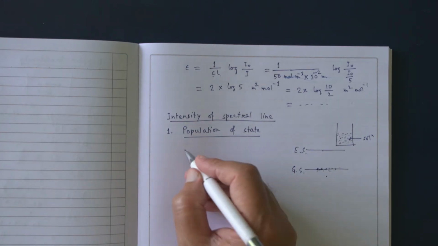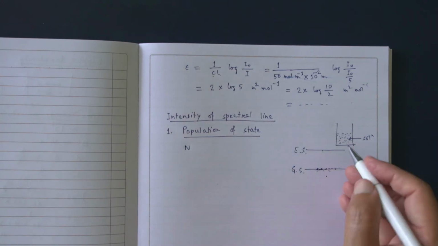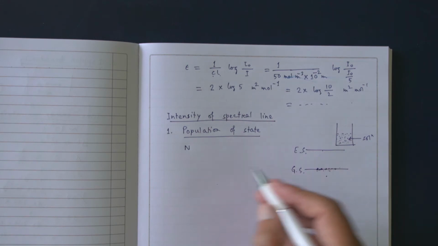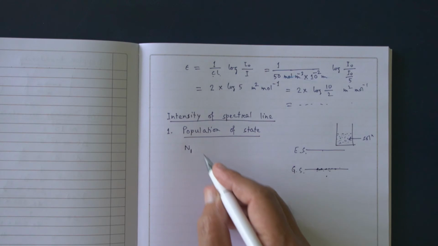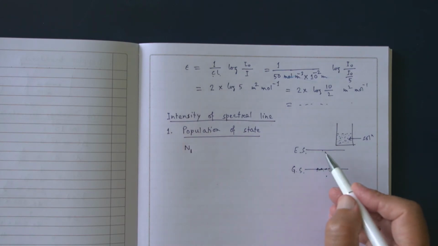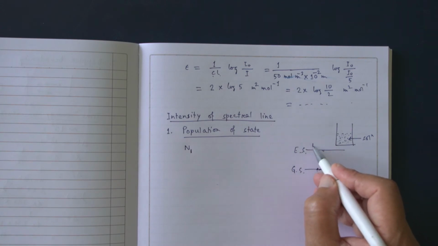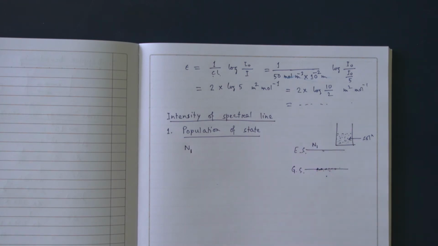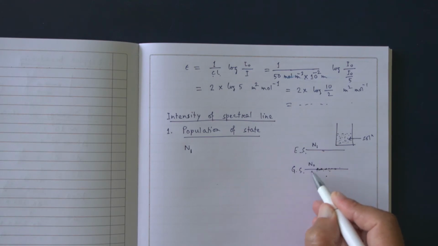Okay. Suppose this is the number of molecules in the excited state. Or I can say that this is N1. N1 means the number of molecules in the higher energy state. Here the number of molecules is n1, and here the number of molecules is say n0.